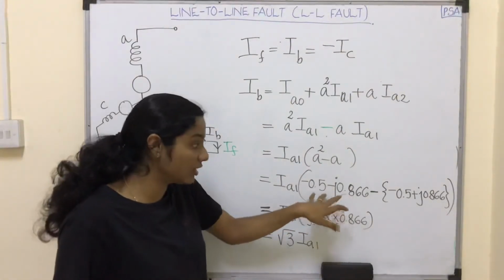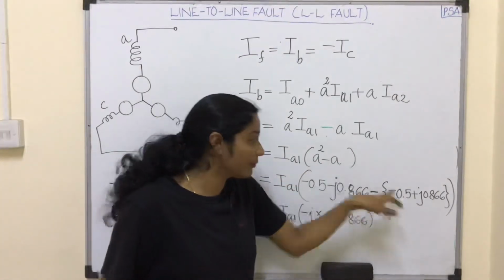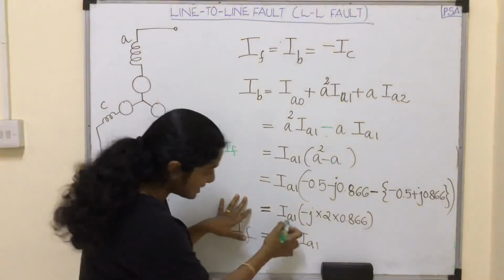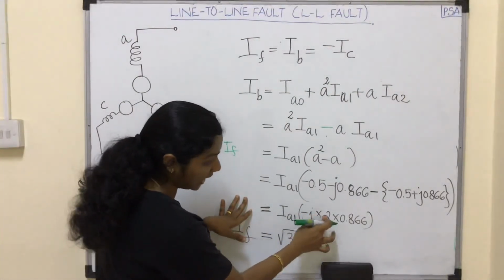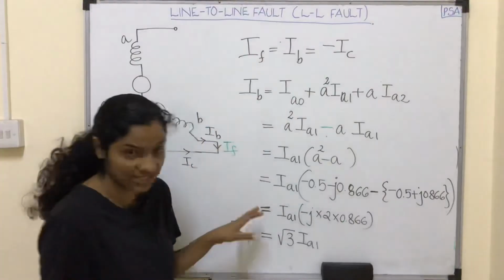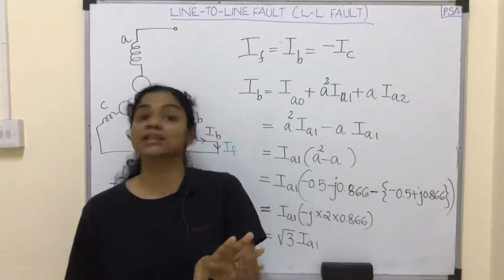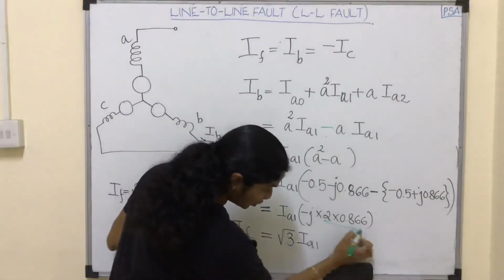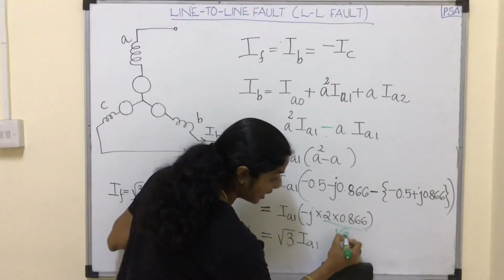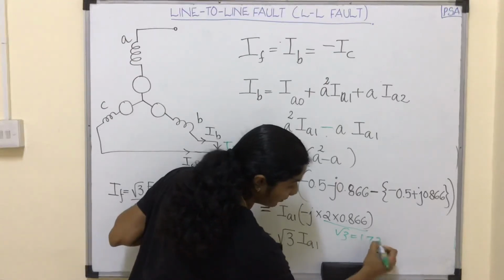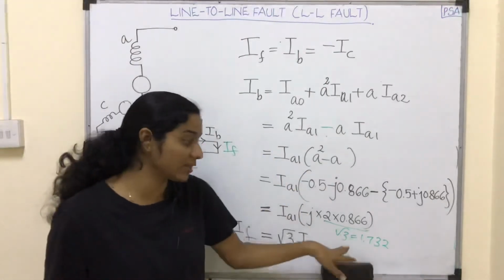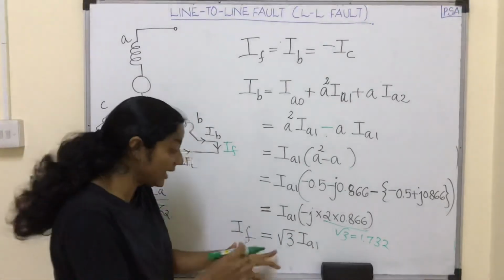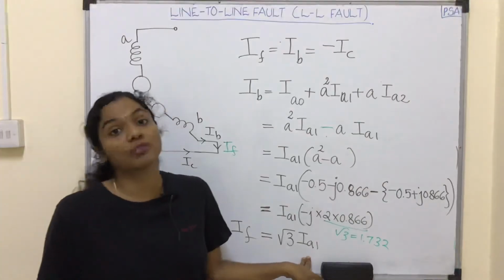If I substitute the values of A square and A, we get IA1 into minus j into 2 into 0.866. Here we will consider only the magnitude. 2 into 0.866 is 1.732, which is nothing but root 3. So if we consider the magnitude alone, IF will be equal to root 3 times IA1.